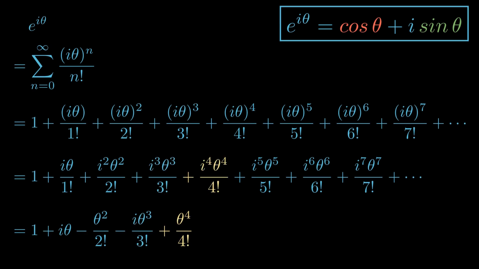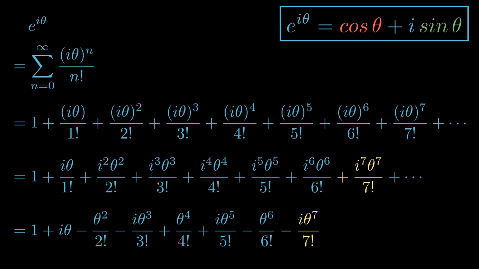i to the 4th equals 1, so we can rewrite i to the 4th theta to the 4th over 4 factorial as theta to the 4th over 4 factorial. i to the 5th equals i, so i to the 5th theta to the 5th over 5 factorial equals i theta to the 5th over 5 factorial. i to the 6th equals i squared, which equals -1, so i to the 6th theta to the 6th over 6 factorial equals negative theta to the 6th over 6 factorial. i to the 7th equals i cubed, which equals -i.